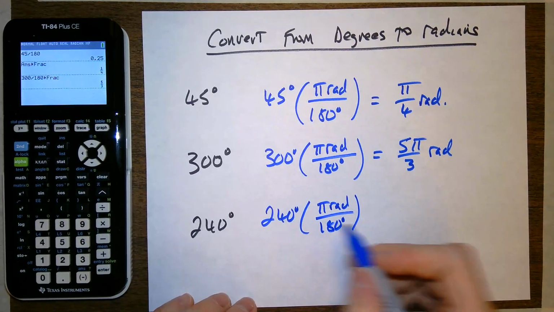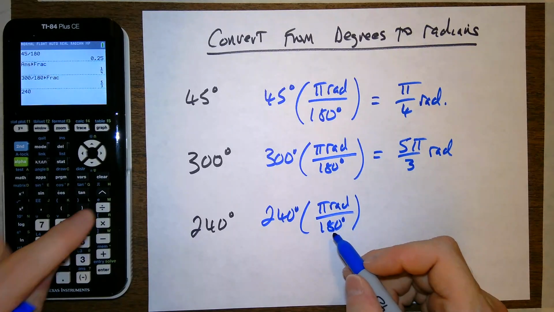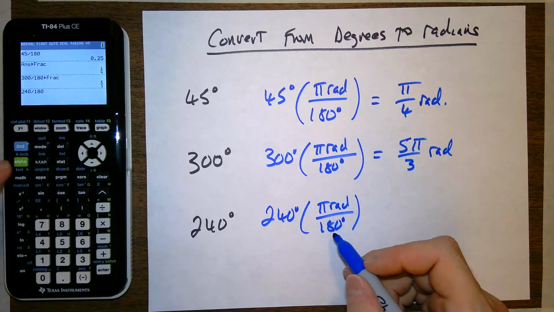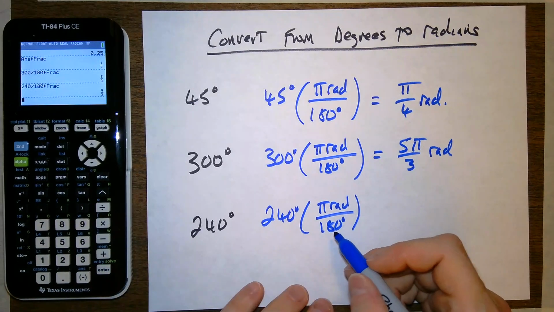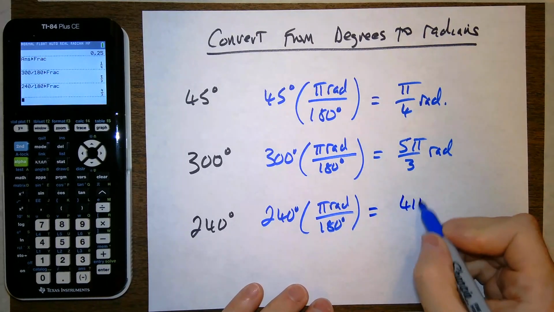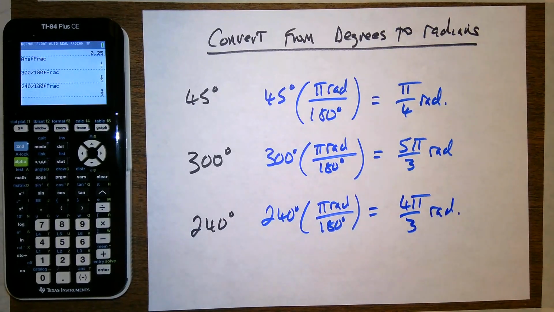The degrees cancel. I'm going to get some radians. 240 divided by 180. Give me the answer as a fraction. 4/3. In other words, 4 pi over 3 radians.